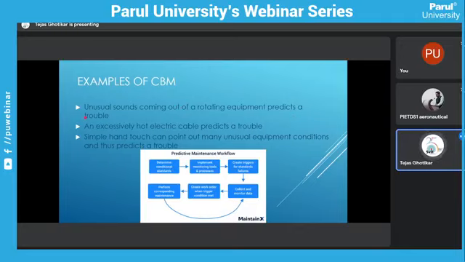If a system is rotating but causes an unusual sound, you can predict there is some problem in the system. But whenever the sound starts coming, it's already a critical situation. To avoid this critical situation, we are now using sensors.